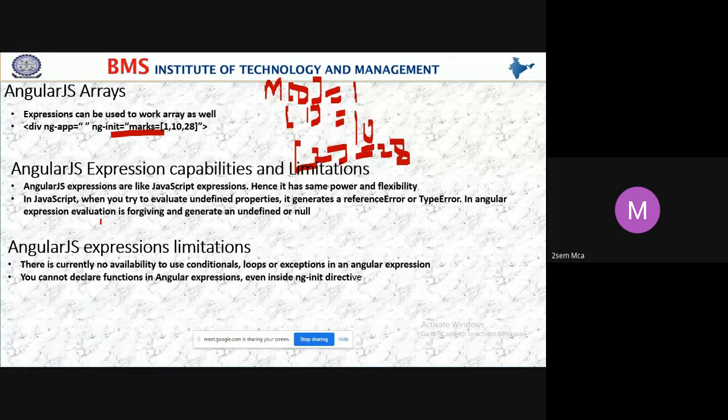So in JavaScript, when you try to evaluate an undefined property, it generates a reference error or type error. In AngularJS, expression evaluation gives an undefined or null value.